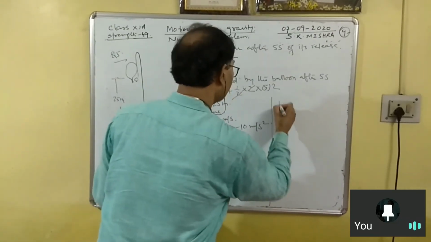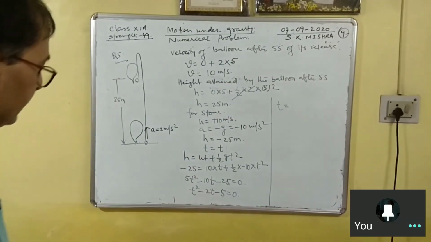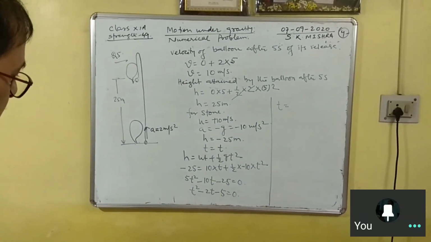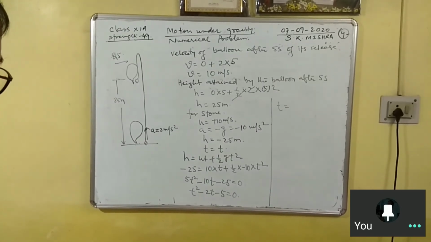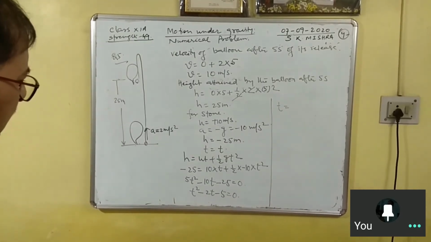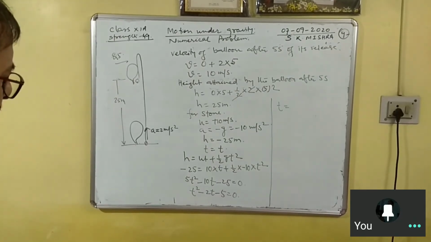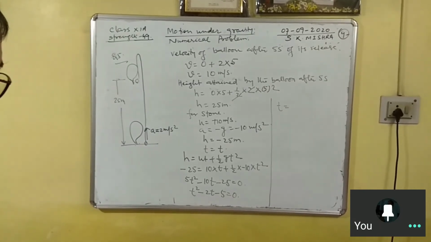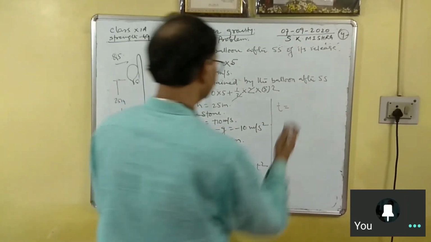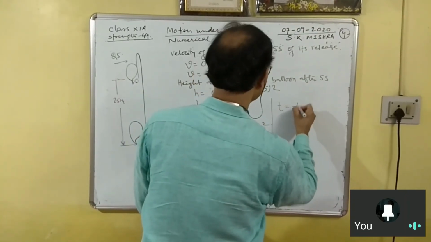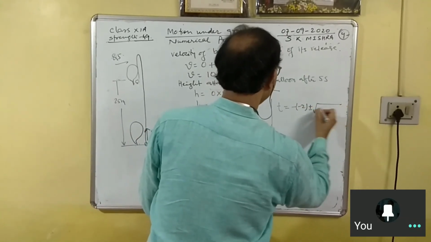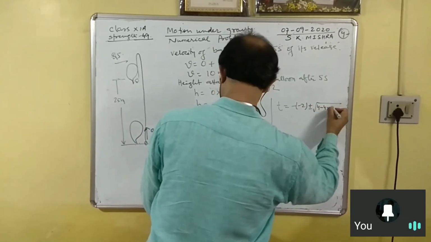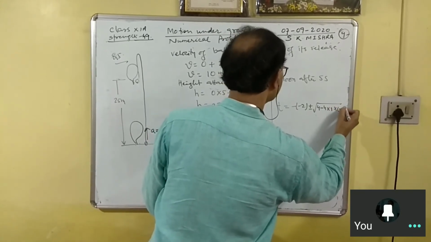There are several methods, or t is equal to minus b plus minus under root b square minus 4ac, divided by 2a.